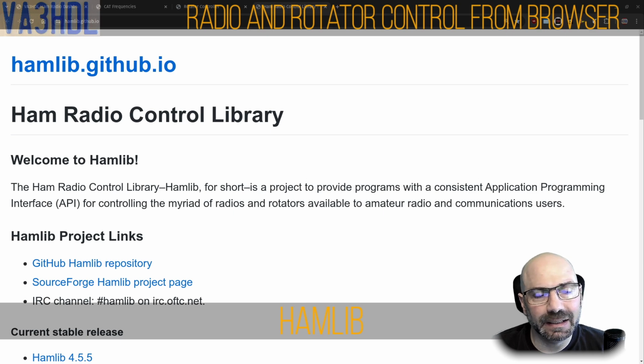But it is not only allowing you to connect to your radio or to your rotator, it is also allowing these applications and any other applications to connect to them at the same time. And this is the big difference between Linux and Windows. I am currently running this on Linux.